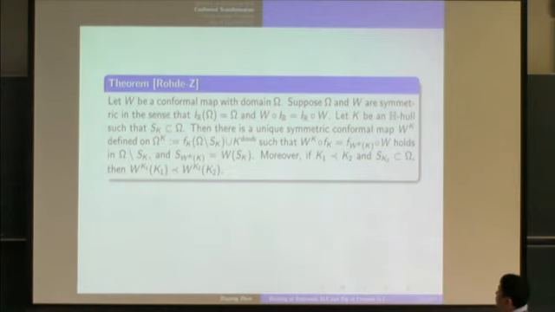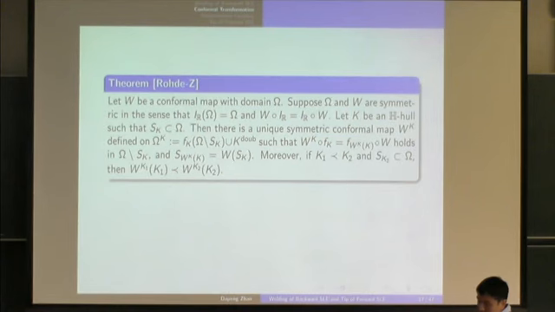Now we have a theorem which is not trivial. Let W be a conformal map with a domain Omega. Suppose Omega and W are symmetric in the sense that Omega is symmetric about the real line, and W commutes with the reflection about the real line. Let K be an H-hull so that the support of K is contained in Omega.